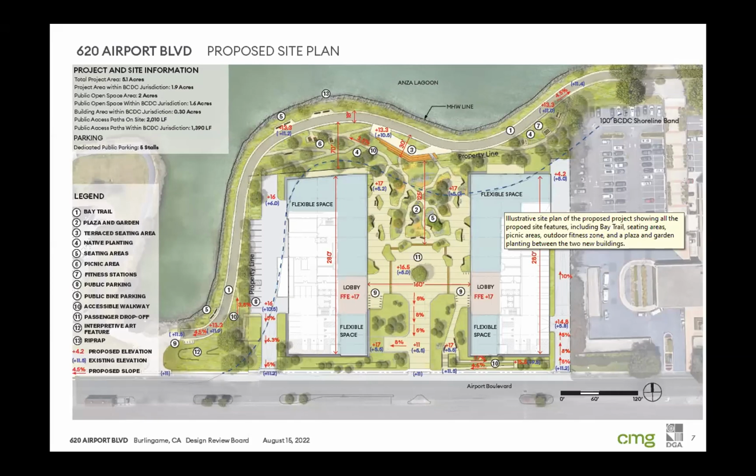I might be misreading the plan, but there are a couple of existing trees next to where those two little lay-bys are with the two benches on the eastern side of the Bay Trail. I know they all have to go, but I think a little more shade along that trail could be very beneficial.